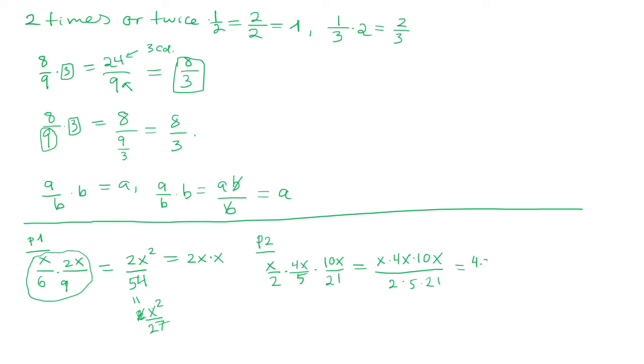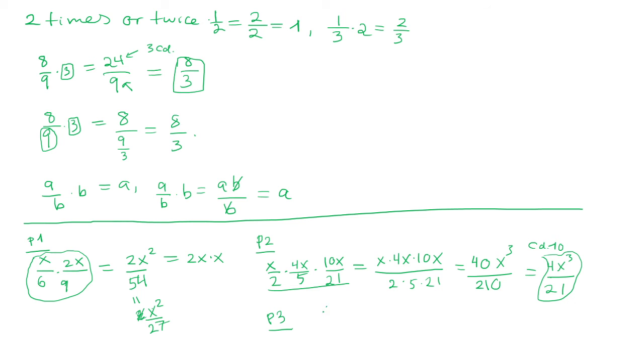So we have 40x to the power of 3 divided by 10 multiplied by 21. That is 210. Okay, so we can probably simplify even further. Yes, we can do that. There's a common divisor, and the common divisor is 10. So we end up with 4x to the power of 3 divided by 21. And since there are no longer any common divisors, this is the simplest expression of the product of the three fractions over here. Let's try the last problem, problem 3.